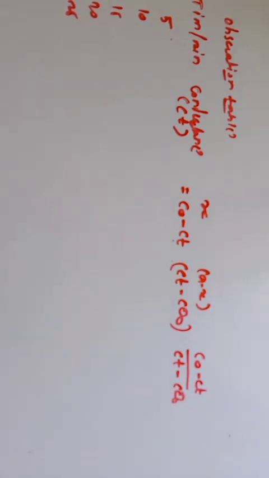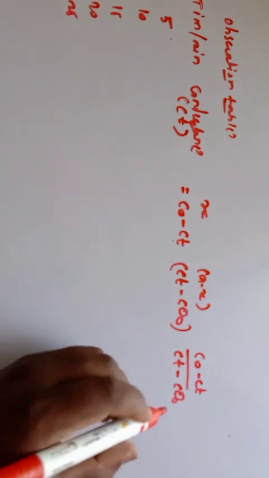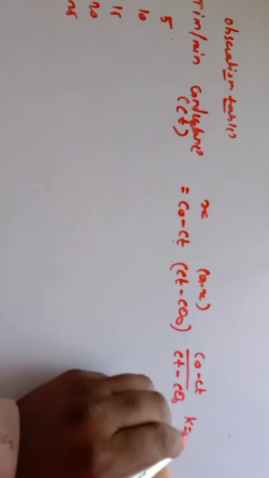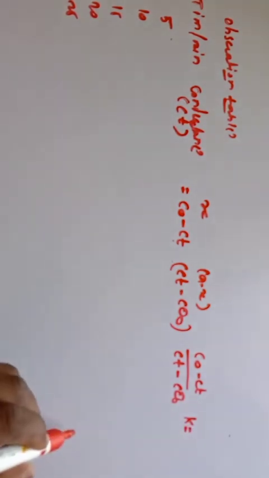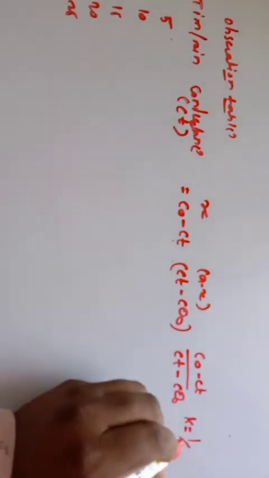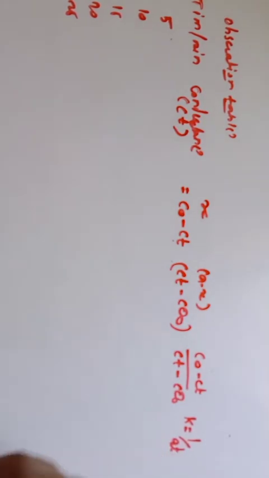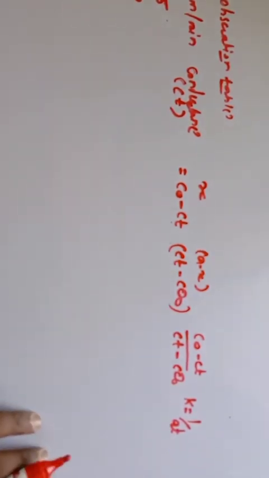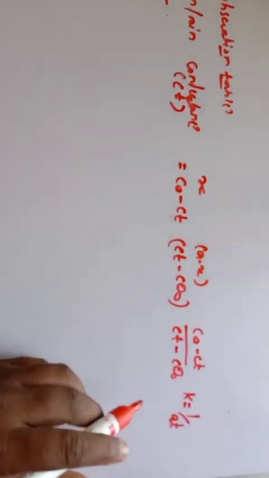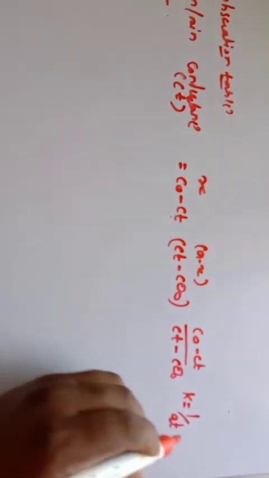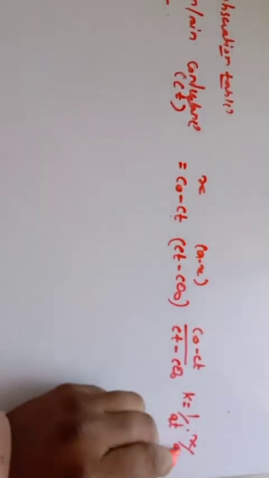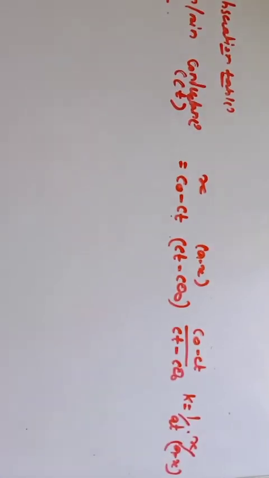And then finally you have to find the rate constant K, which is equal to 1 upon A into t, into x upon A minus x.